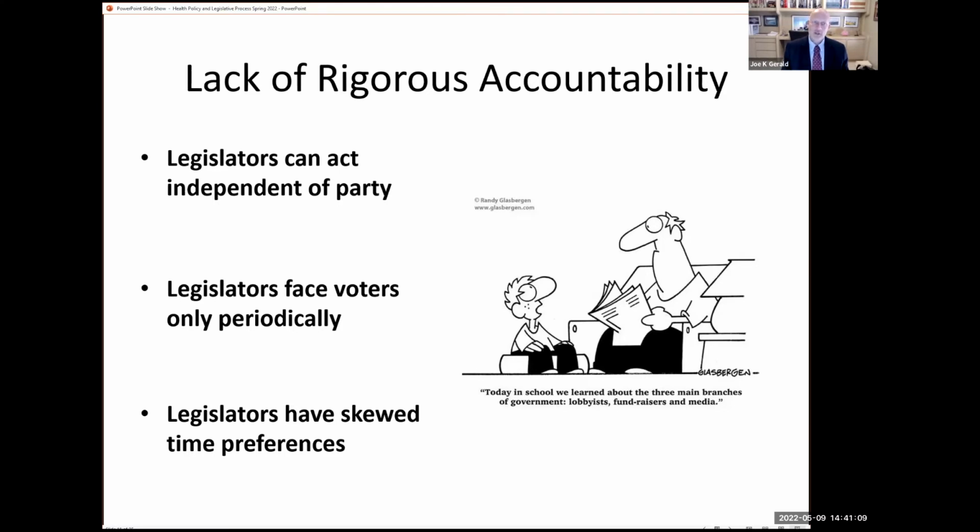Sometimes I can make decisions earlier in my elected tenure that are different from decisions I'll make when it's closer to reelection, right? Because if I'm a senator in the United States, what happens during the first 3 or 4 years of my elected office doesn't matter. Voters can't remember that far back.